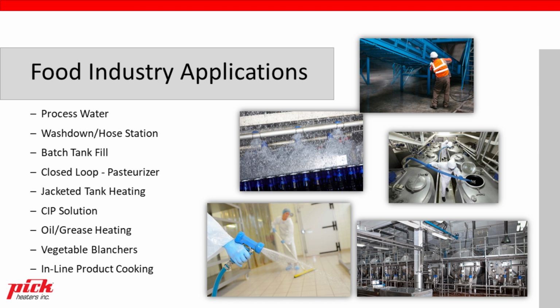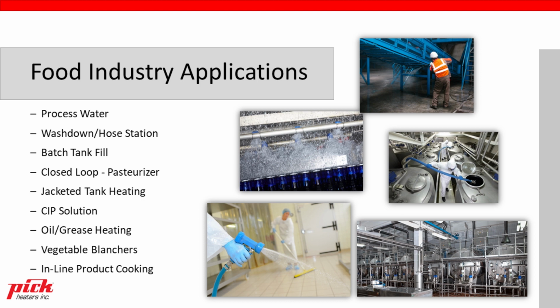Next is oil and grease heating applications, where they're doing oil recovery. They want to separate any solids out of there, so steam injection heating is a very fast and accurate way of heating that waste grease or oil. Vegetable blancher is another great application where if it's large, usually tremendous flow rates of water, maybe 1,000, 1,500, 2,000 gallons per minute.